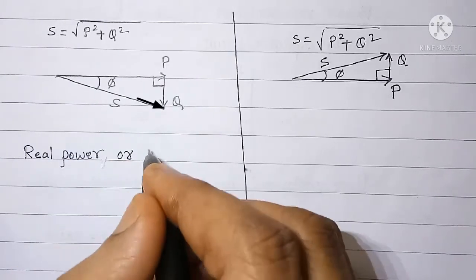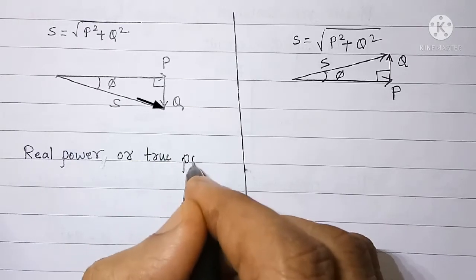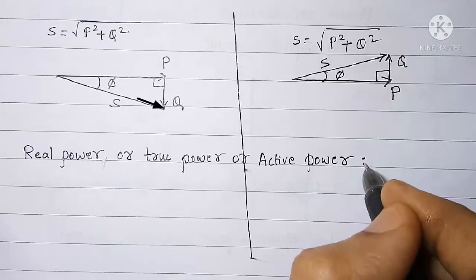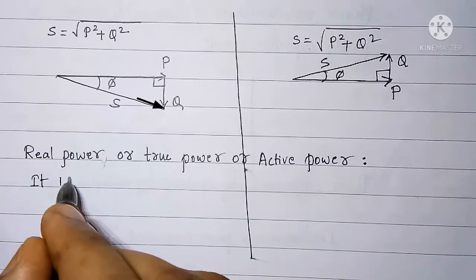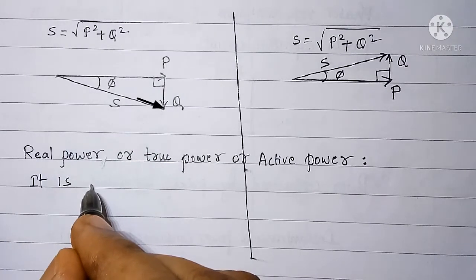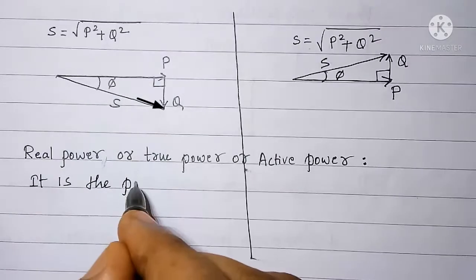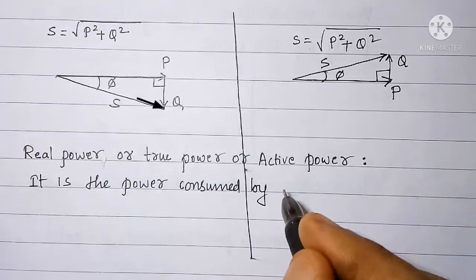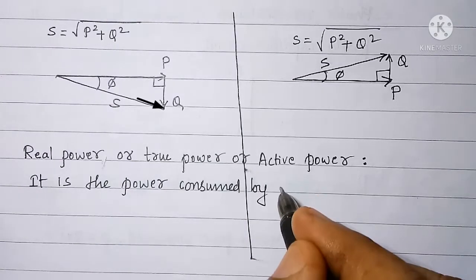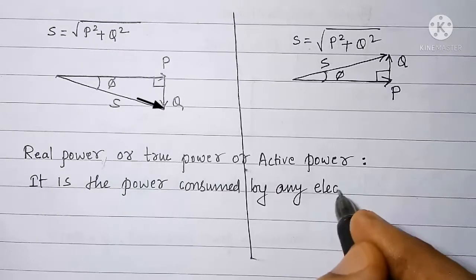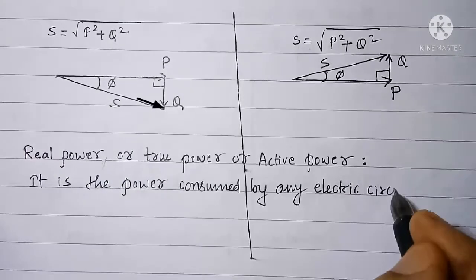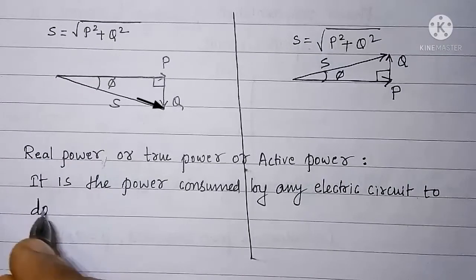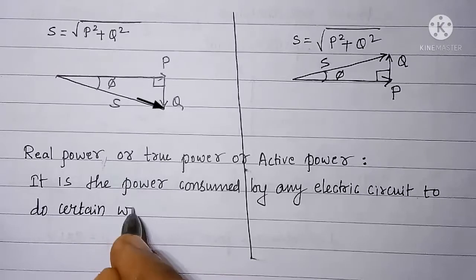Real power or true power or active power is the power consumed by any electric circuit to do certain work.